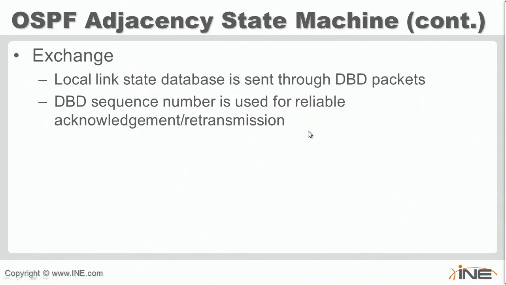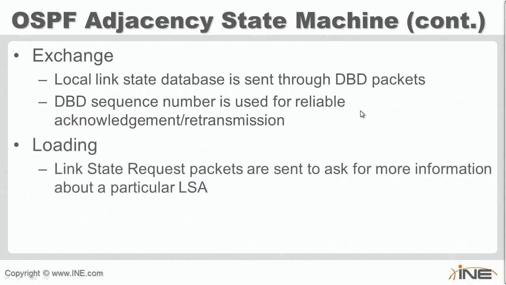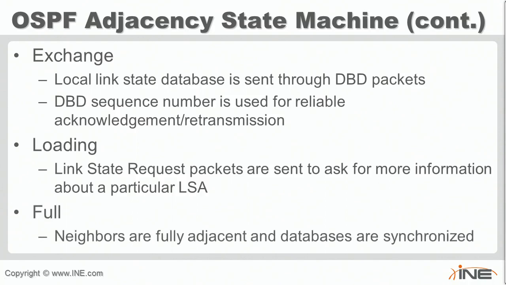Then during the loading process, this is where the routers actually send the link states. It's kind of a minor distinction here, but the idea is that you can end up in a circumstance where when a new router comes into the network, it doesn't need to receive the full database from all of its neighbors. And this is why there's a difference between the exchange and loading.